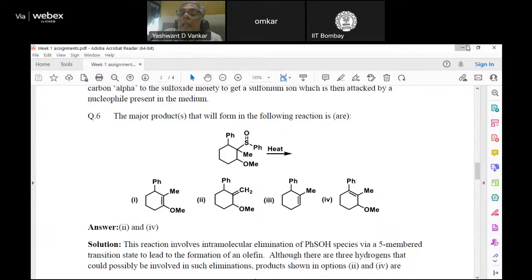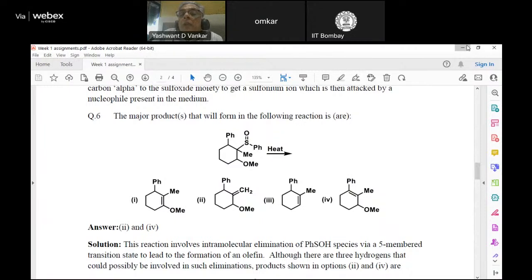That has to take place. I have not specifically mentioned it because we assume that the hydrogen here has the same stereochemistry as the sulfoxide. What you are saying is absolutely correct. It has to be a pyrolytic syn elimination, and therefore stereochemistry has to be mentioned.